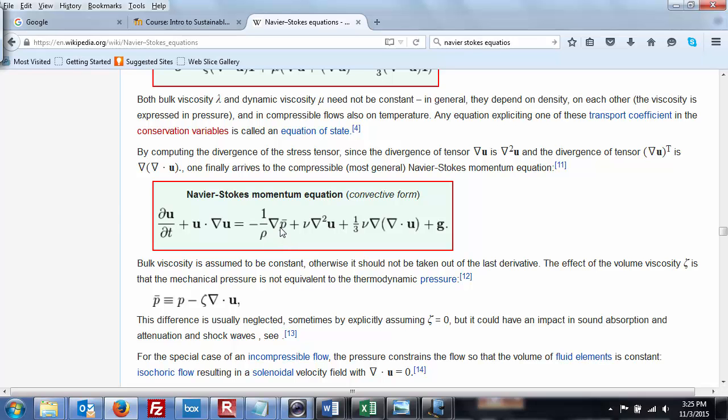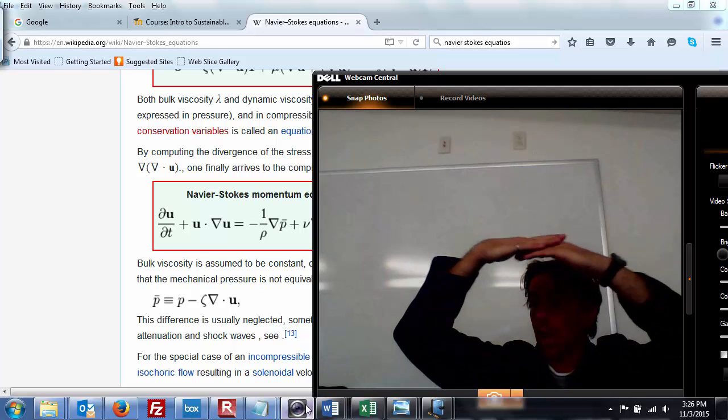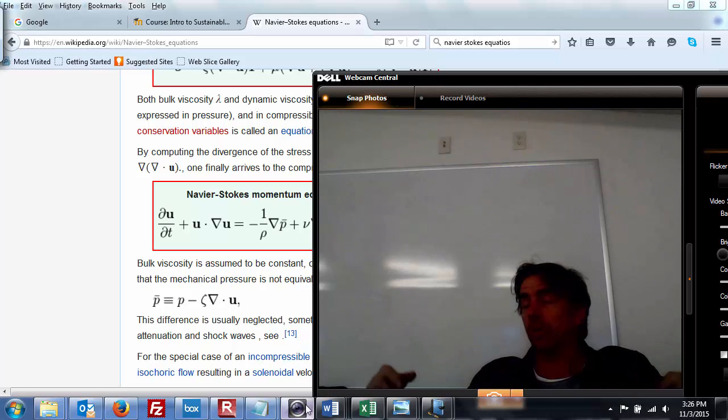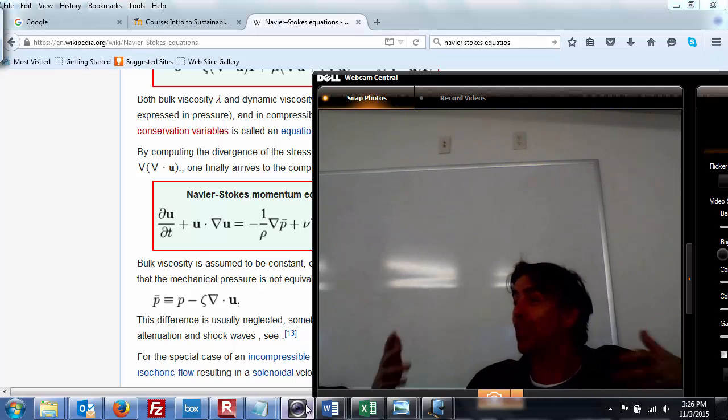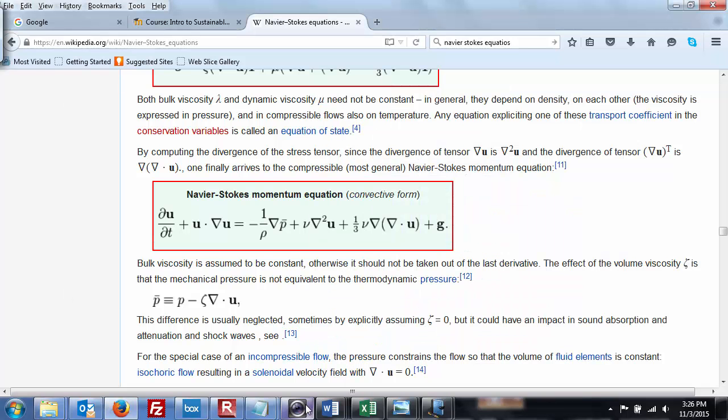This is the pressure, the change in pressure, and the pressure is changing all the time. This is the viscosity of the air. Going back to hand puppets, think of maple syrup versus air: the maple syrup has higher viscosity and interacts with itself more in a shear direction. And then this is gravity.